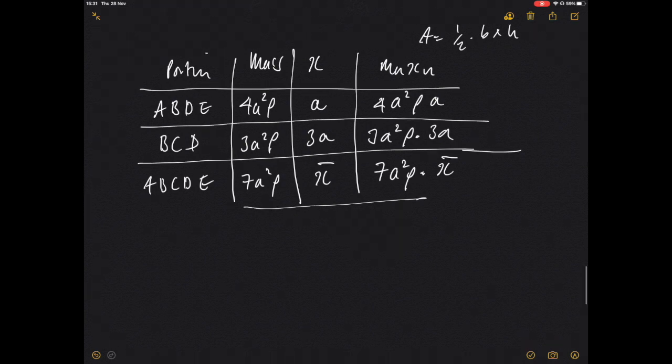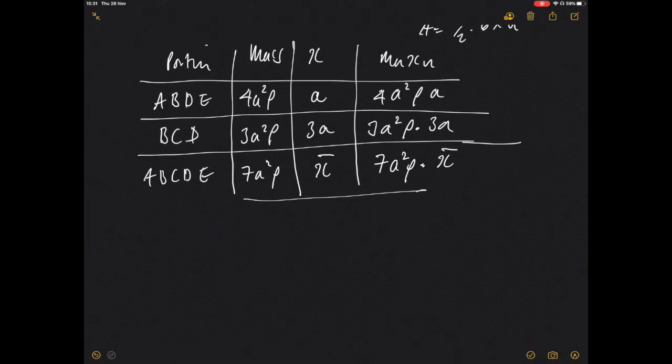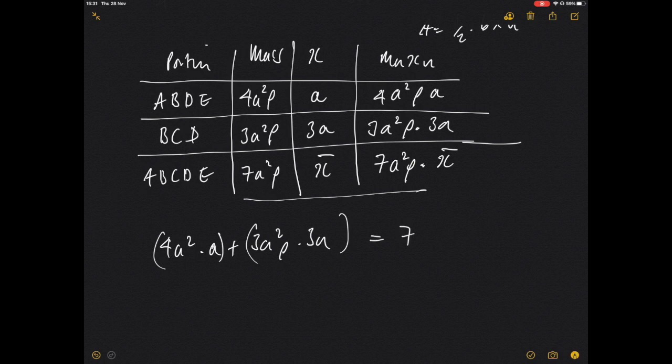If we were to use our simple equation, working our way down, that would be 4a squared multiplied by a, plus 3a squared multiplied by 3a, and that would all equal 7a squared rho x bar.